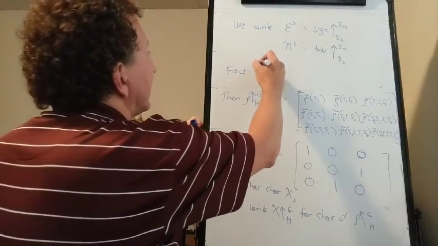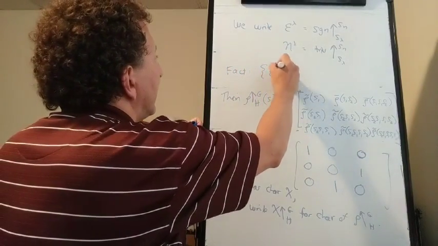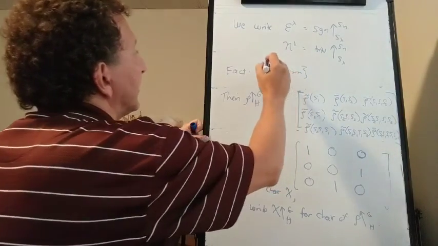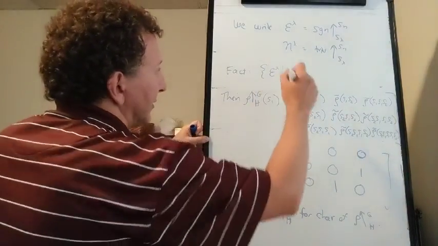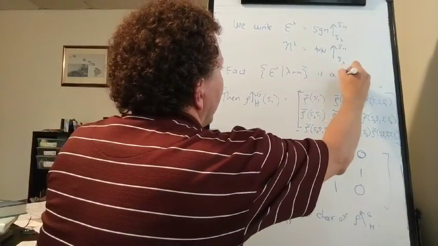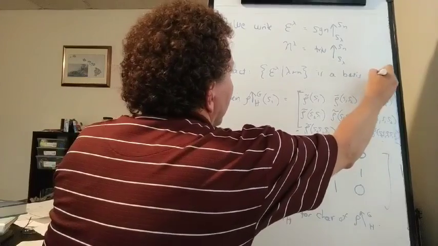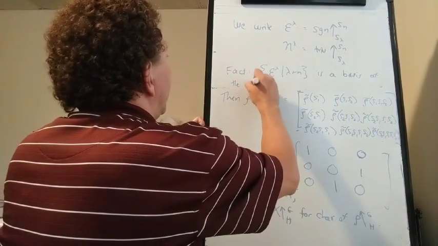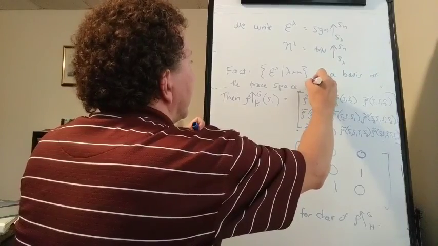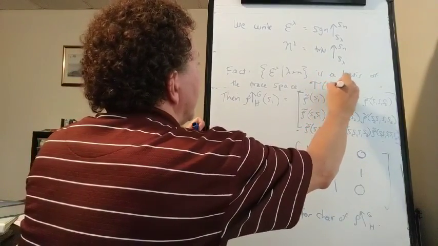And as we let lambda vary, the characters eta lambda, as lambda varies over partitions of n, this is a basis of the trace space script T of Sn.